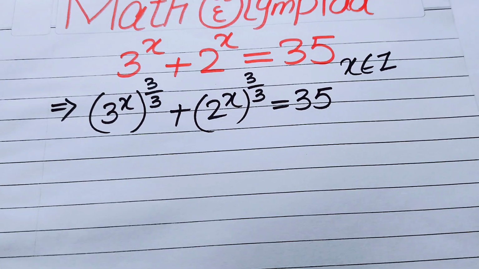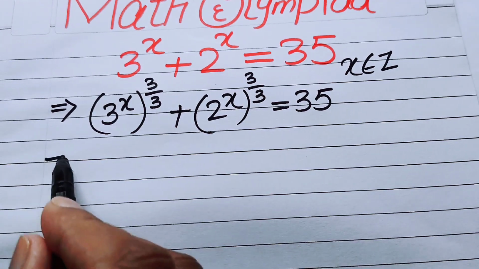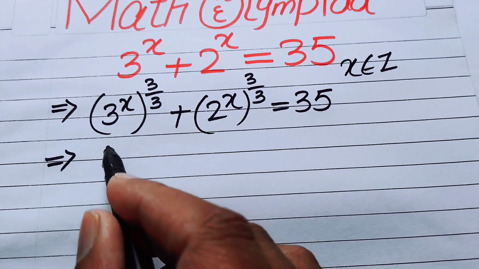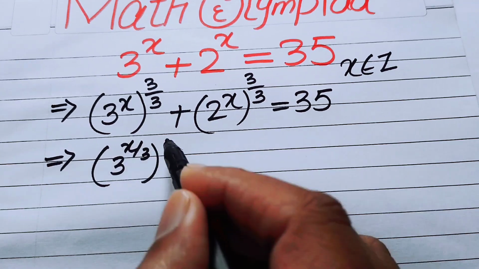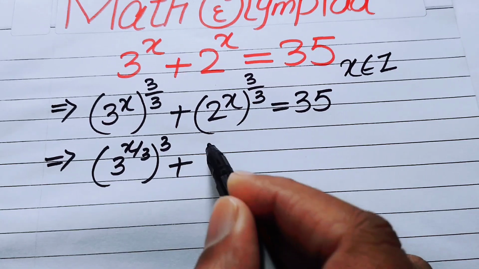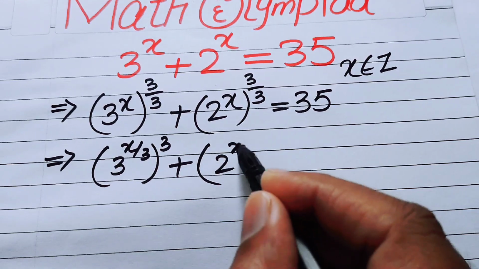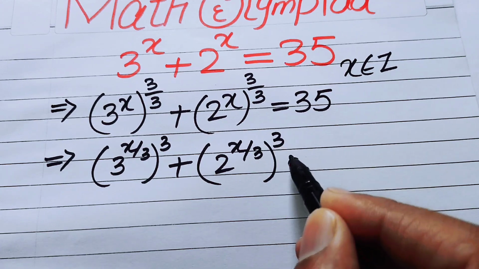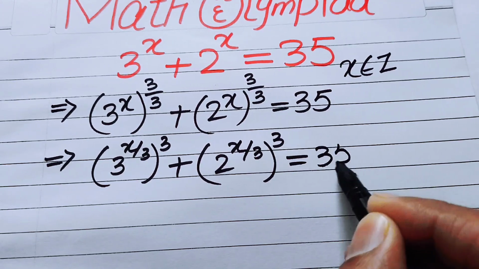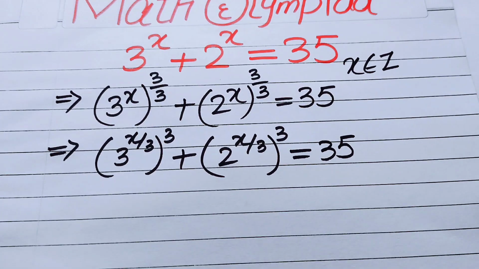In the next step we use the exponential law, and according to this law we write this term as (3 to the power of x over 3) cubed, plus (2 to the power of x over 3) cubed, equals 35.